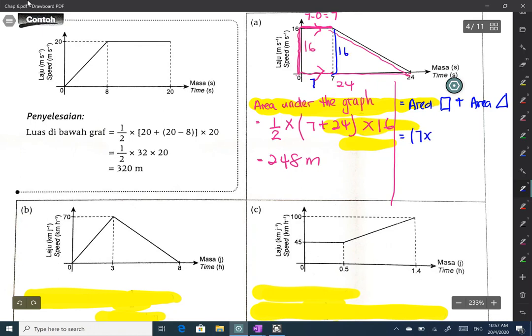So 7 times 16 plus triangle is 1 over 2 times, this one is 16. How about the length for this one? So it's 24 minus 7. Okay, 24 minus 7, so you get 17. So the answer is still the same. So it's 248.